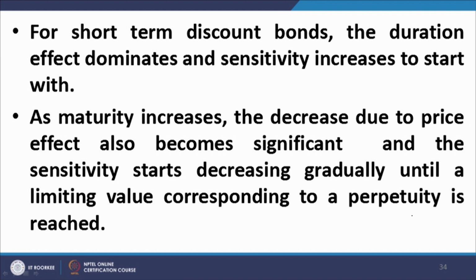However, gradually as you increase the maturity, the price effect becomes more prominent, and later on the duration also decreases. So, the duration effect results in a decrease, the price effect results in a decrease, and the consequence is that the price sensitivity of discount bonds, subsequent to a certain value of maturity, starts to decrease.